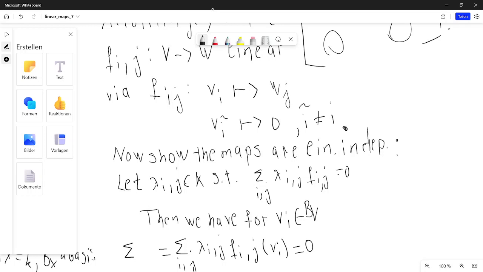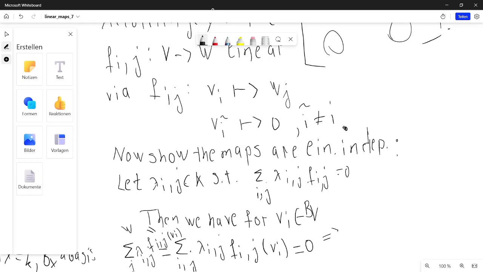So this is just the sum over all j's, lambda ij f ij, and you see I suffixed, of course, because we want those for which this is not 0, and from linear independence of the vectors, this is just Wj, right?